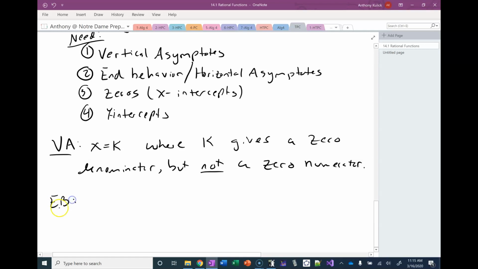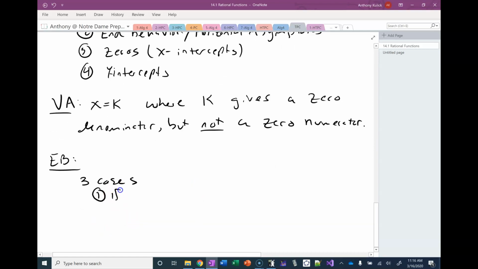These end behaviors, this is kind of tricky. We're going to do more of this later. Oh, I lied. I'm going to do it right now. So there are 3 cases here. In the first case, if the degree of the numerator is greater than the degree of the denominator, do we remember what degree is? That's just the largest exponent in the polynomial.